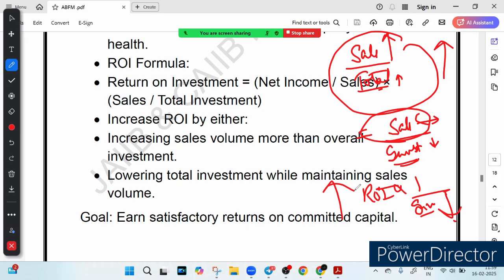By looking at this particular ratio, mathematically you can tell that if you increase sale by a drastic amount and your total investment increases by a small amount, overall your ROI will increase, obviously. And the second thing is, if you decrease your investment, your ROI will increase provided sales remain constant, right? So key takeaway is that a company's goal is to get maximum profit from the money invested.